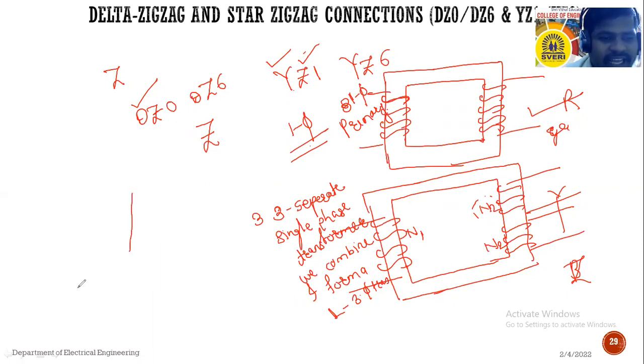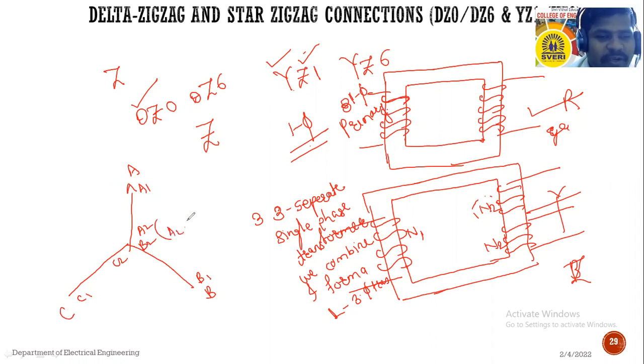This one is the phasor diagram for a star connected primary, that is A phase, B phase as well as C phase. Suppose here it is B1, B2, here it is A1, A2, and here it is C1, C2. That means at this common point A2, B2 and C2 are there.